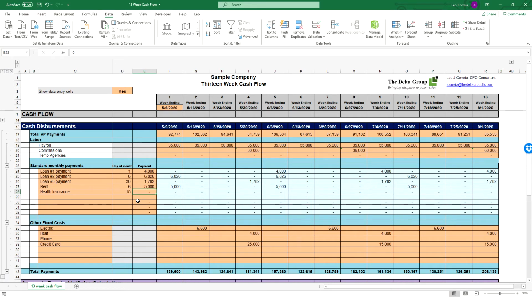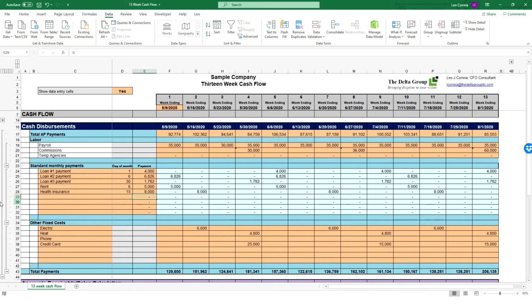And if I know that my standard payment is $8,000, what the system is going to do is find the week with the 15th of the month in it, and put that payment in there. This is one of the easy tools to use, because once you set this up, these payments are taken care of. You don't have to worry about moving these things around when you change the dates, because they'll move around automatically based on the dates.